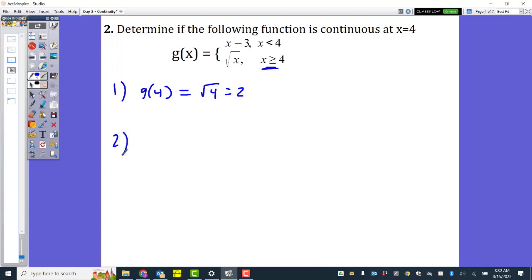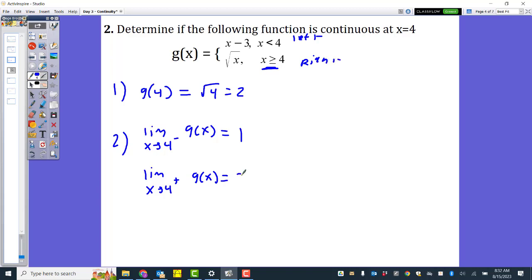We're looking at the limit from the left and the right, so the limit as x approaches 4 from the left of g of x. Here's the left side. Plug in 4, we get 1. The limit as x approaches 4 from the right side, this is the right, equals 2.